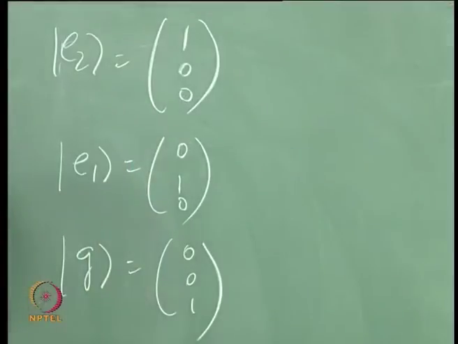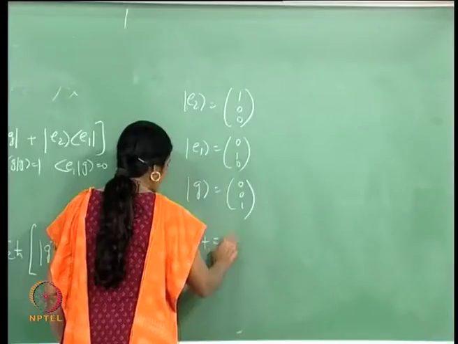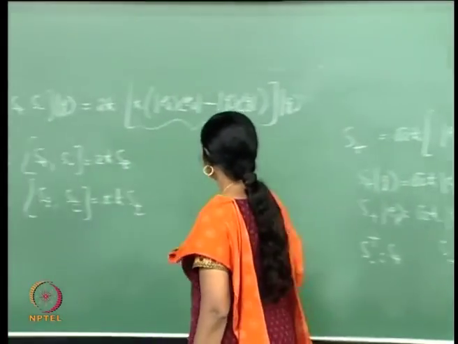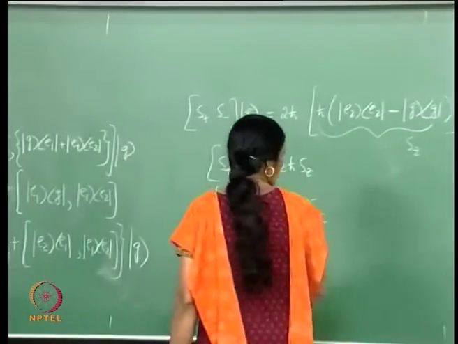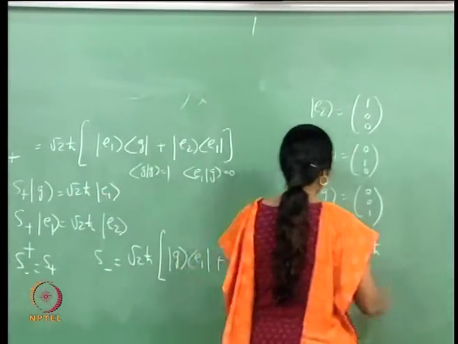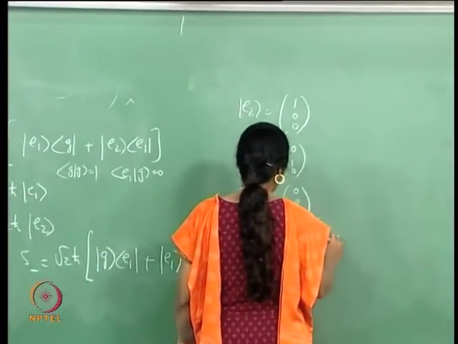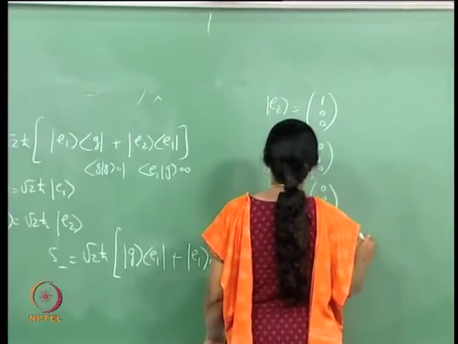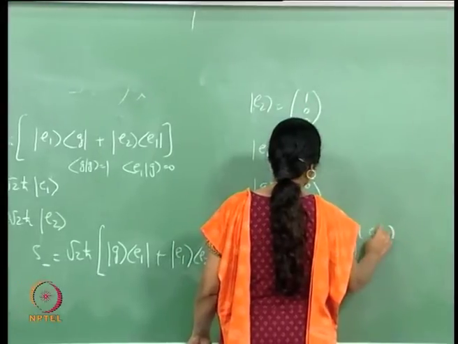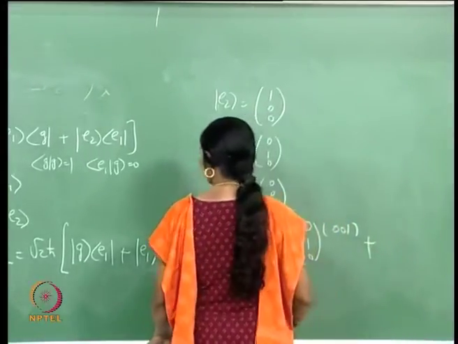I am now working with 3 componented column vectors, and therefore S plus was root 2 ℏ. S plus is written here, it is E1 G plus E2 E1. So it is E1 G, E1 ket is 0 1 0, G plus E2 E1.